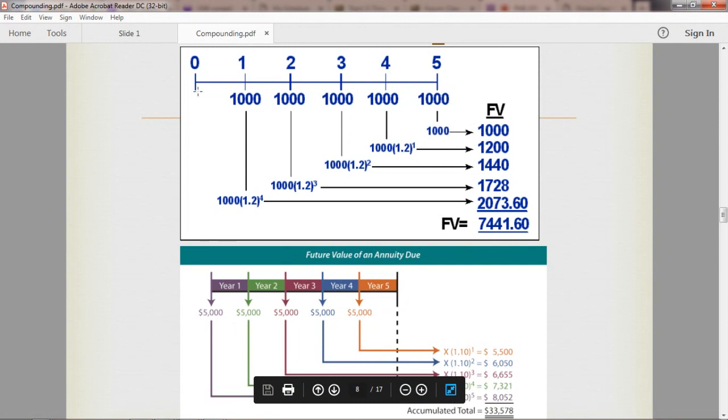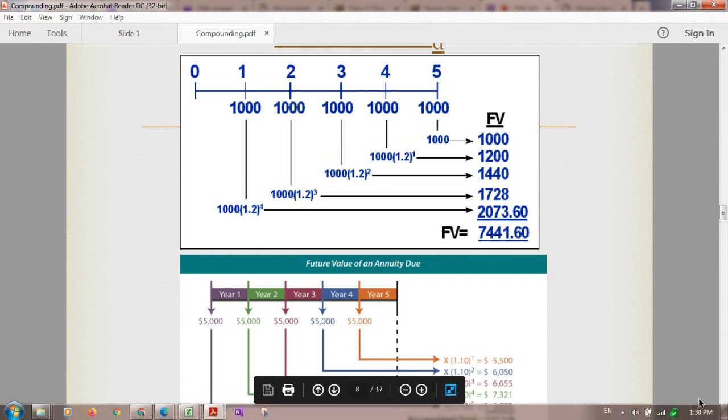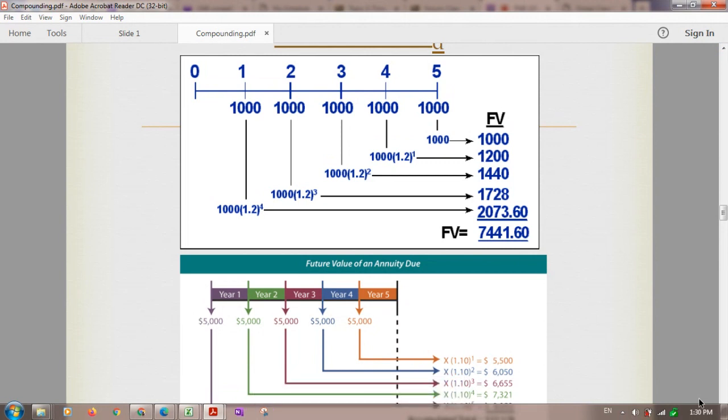And if otherwise, you're always making the deposit at the end of the period. The model above is called ordinary annuity, and the one below is annuity due. Annuity due means the payment is already due to begin with.